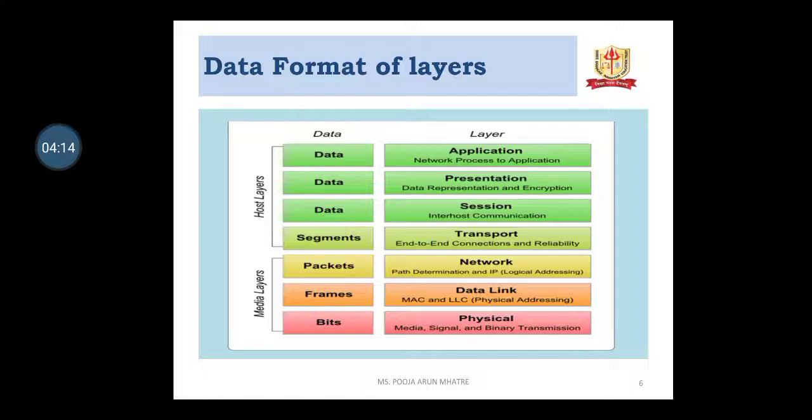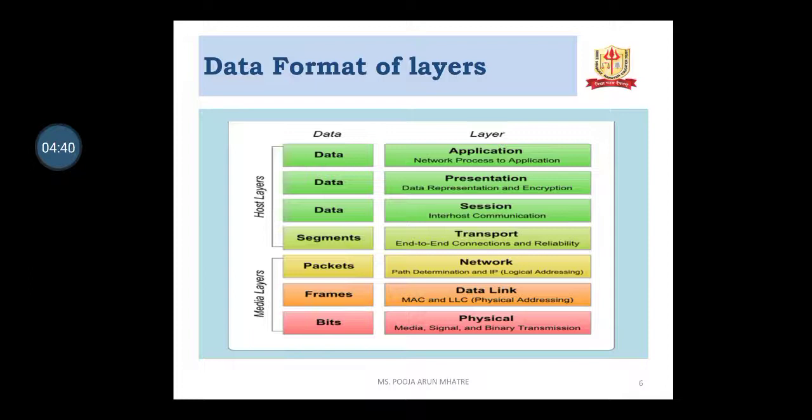Data format of the layers. The first layer, physical layer: the data in the physical layer is in the form of bits, which can be media, signal or binary transmission. The second layer is the data link layer. In this layer the data is in the form of frames.